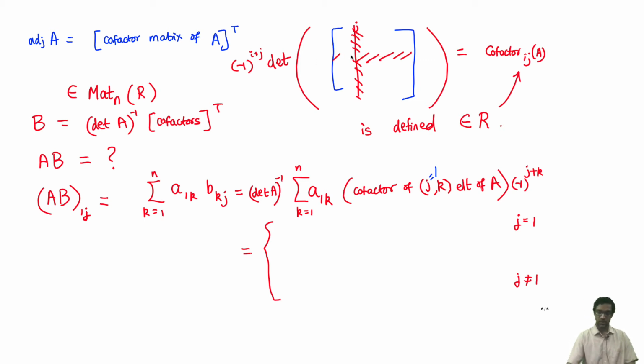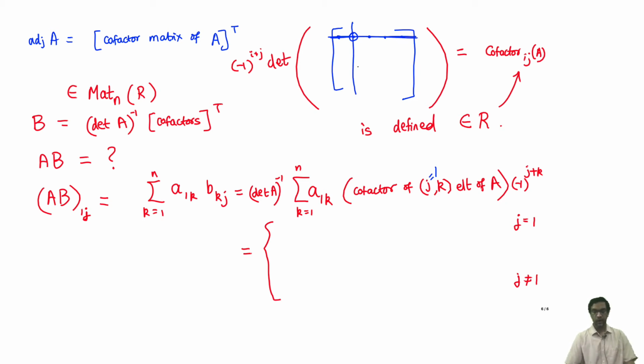So we'll just draw this matrix here again. Suppose this is my matrix A. I am running through the entries of the first row, A1k as k varies, A11, A12, A13 and so on. I am multiplying each element by its corresponding cofactor, because this is exactly the cofactor of that element. And the cofactor just means I delete that row and column and look at what's left.